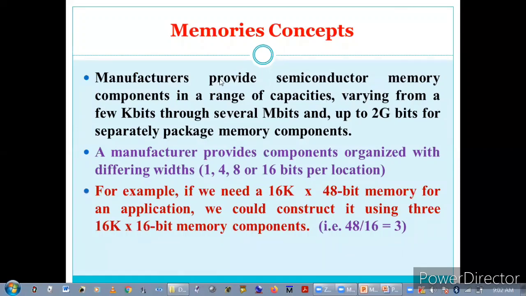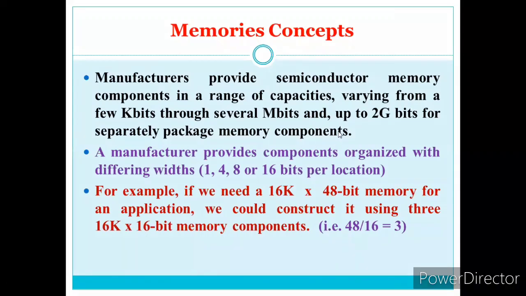Manufacturers provide semiconductor memory components in the range of capacities varying from kilobits through several megabits and up to 2 gigabits for separately packaged memory components. So you can observe different manufacturers can manufacture different sizes of kilobits, megabits, or gigabits.